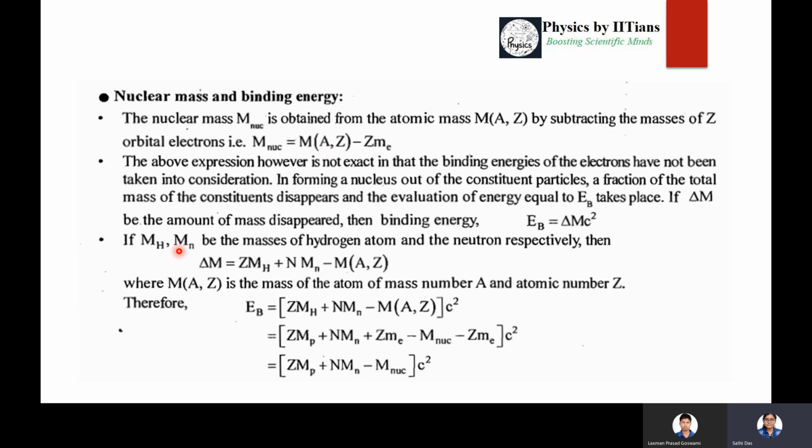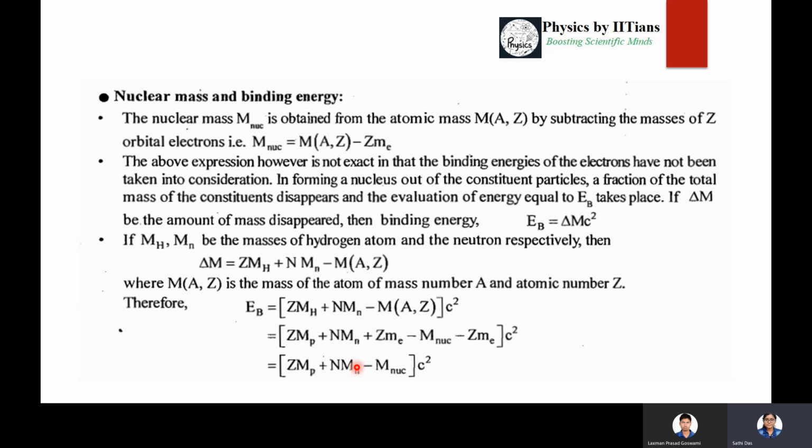If MH and Mn are the masses of the hydrogen atom and neutron respectively, then delta M equals ZMH plus Nmn minus M(A,Z), where M(A,Z) is the mass of the atom of mass number A and atomic number Z. So the binding energy expression will be (ZMp, that is mass of proton, plus Nmn, that is total mass of neutrons, minus M nucleus) into C square.